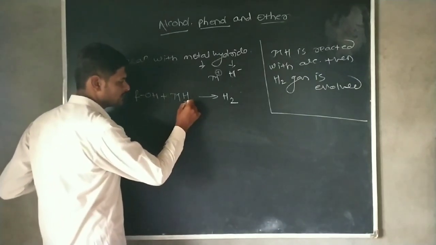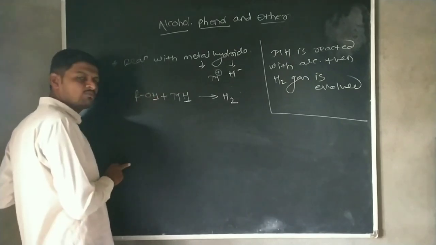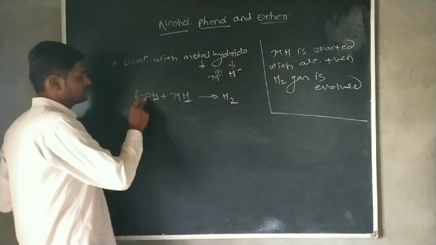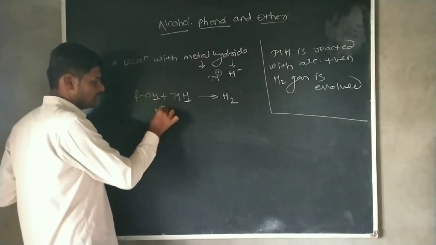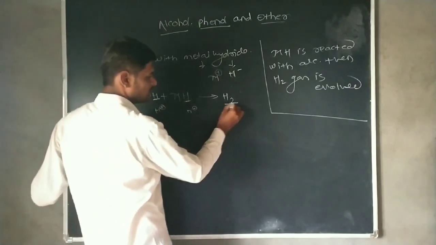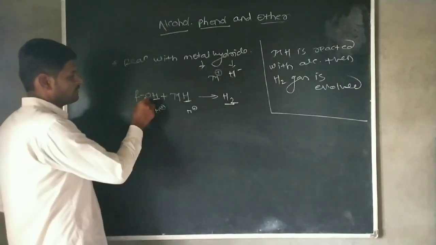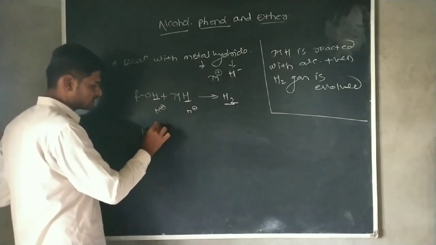That means one hydrogen, the H minus, comes from the metal hydride, and the second, the H plus ion, comes from the alcohol. That is because in this hydroxyl group the hydrogen is present in H plus form, and this hydrogen is present in H minus form. H plus and H minus combine with each other to form H2, and after elimination of hydrogen there is a formation of the alkoxide group.